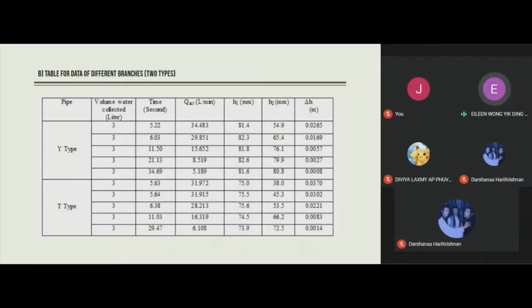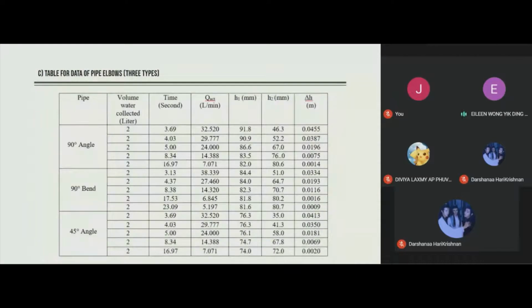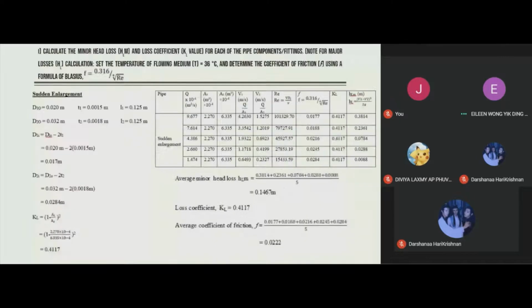And next one is the table for the result of calculating the 90-degree elbow, 90-degree bend, and 45-degree elbow. Next. So, to calculate the minor head loss and loss coefficients and calculate the friction coefficients.